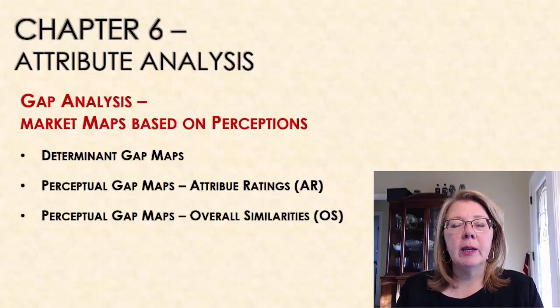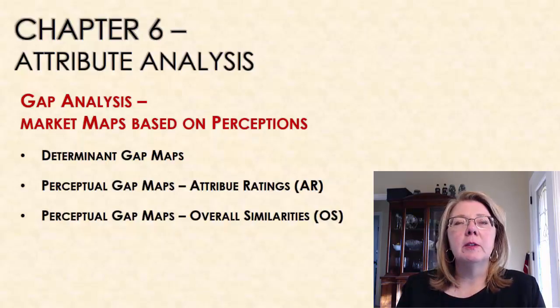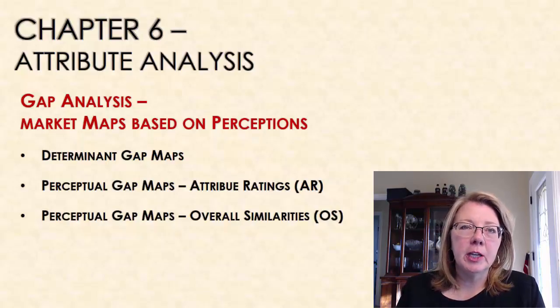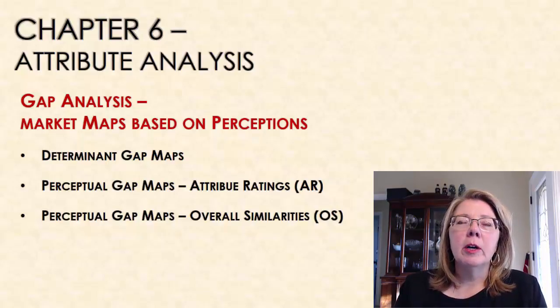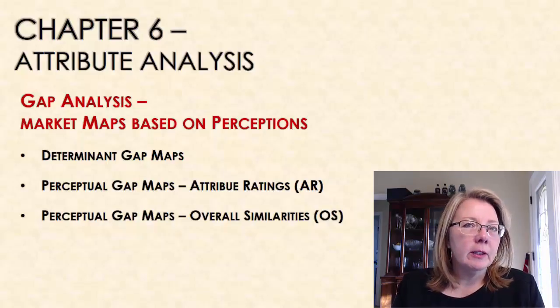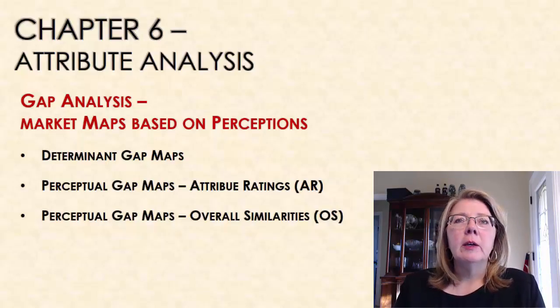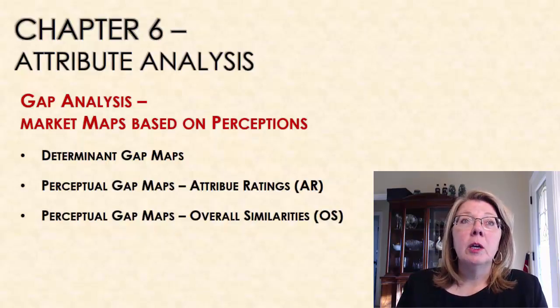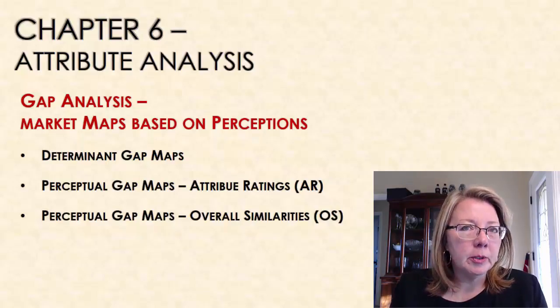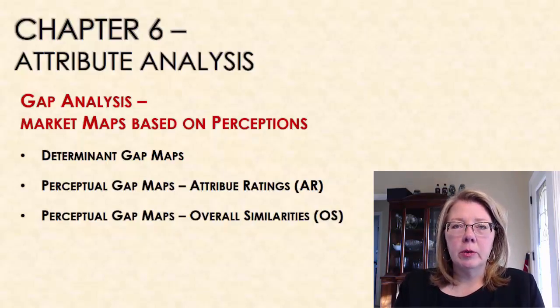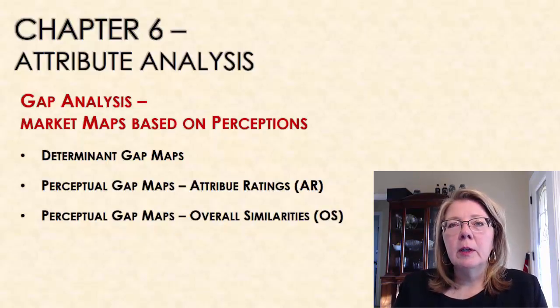All right, so perceptual gap maps that are looking at overall similarities. This is the third category of gap maps that are presented in the chapter. In this scenario, you are recognizing that there may be attributes that you cannot identify. And so in an attempt to collect perceptions that might encompass all of those potential attributes that might be important, you're asking consumers to rate pairs of products according to how similar they are to each other.